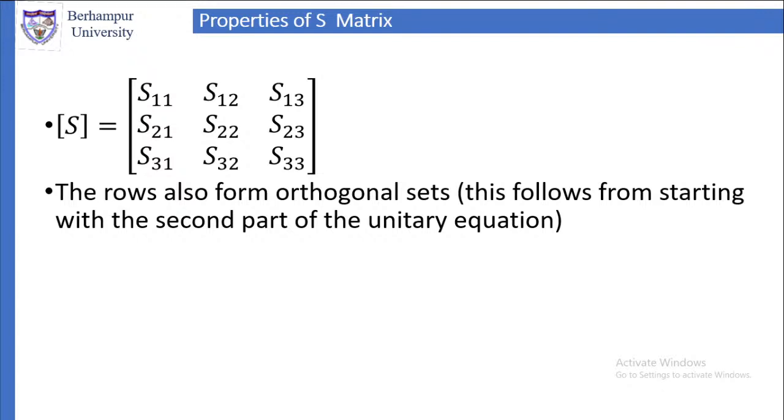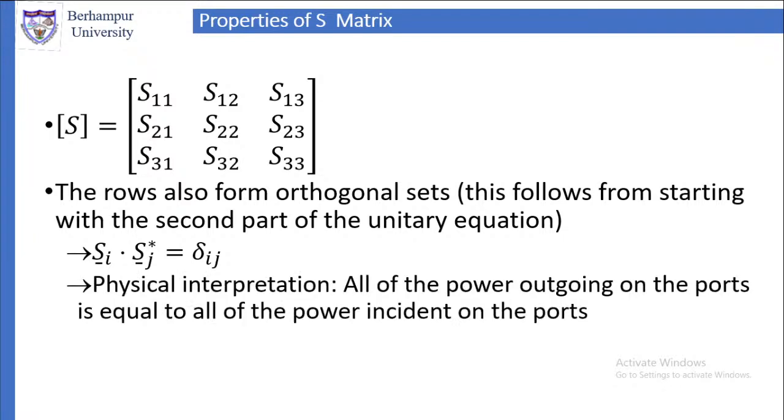This follows from the second part of the unitary equation. If you look at the unitary equation, Si into Sj star is equal to delta ij. So everything is 0 unless i is equal to j. When i is equal to j, this is 1. Which means the sum of the squares of S11, S12 and S13 is equal to 1.